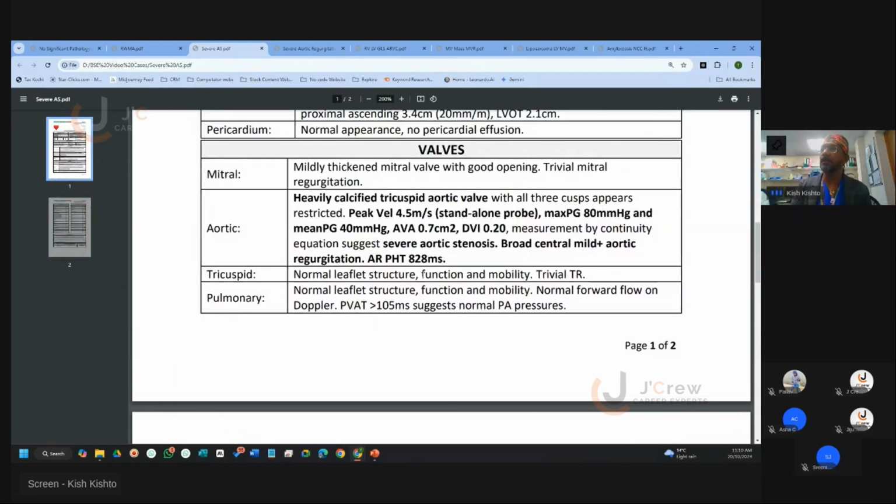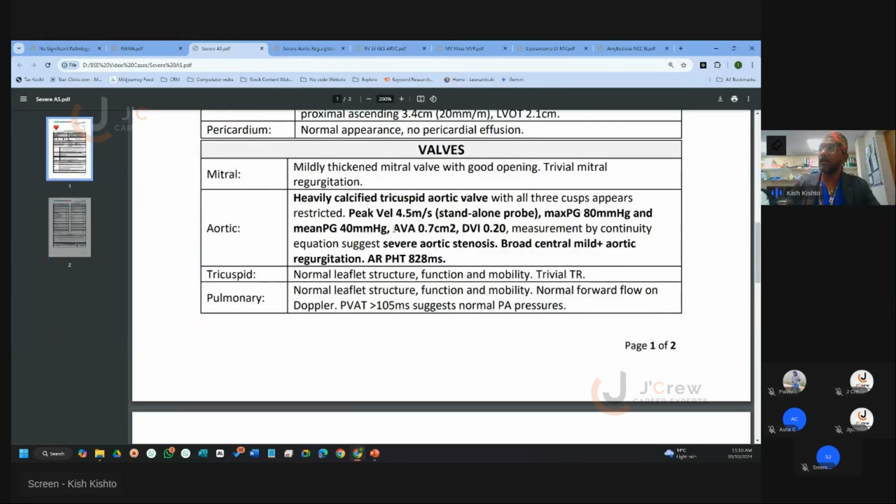So now, as you can see, the way I describe my AS is: heavily calcified tricuspid aortic valve with all three cusps restricted. Remember, when we looked at the image, the basal parts were all very restricted, and only a couple of the tips of the leaflets were opening.